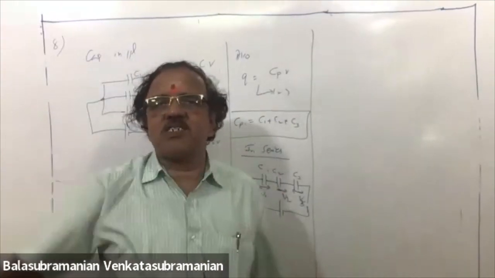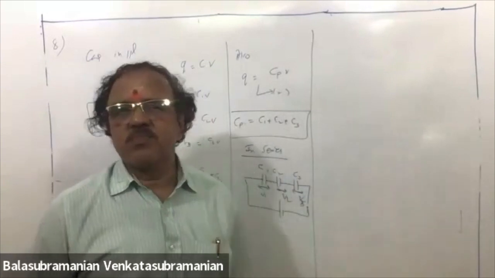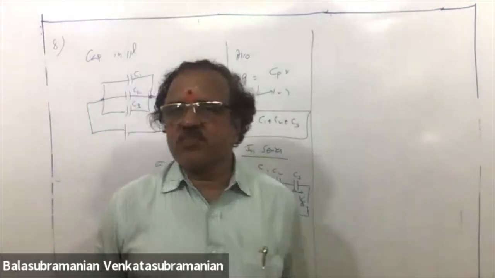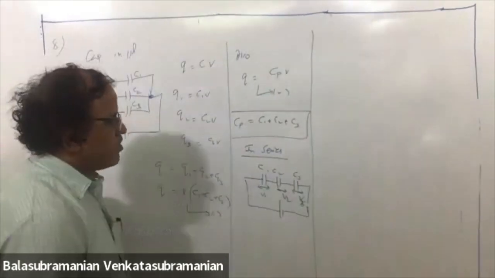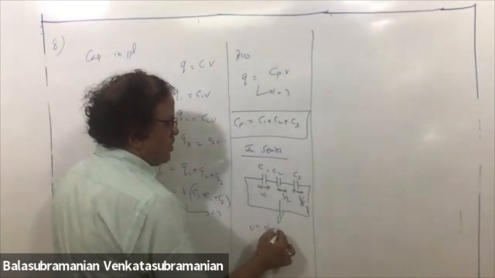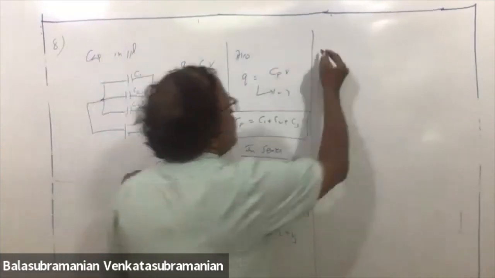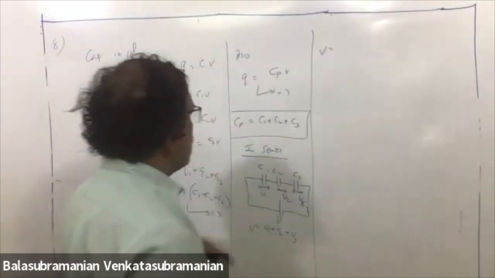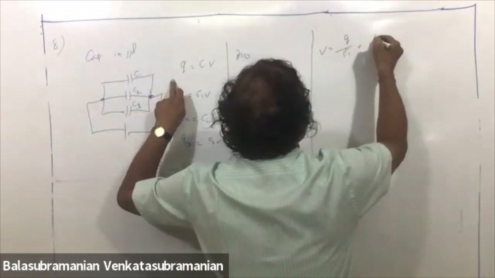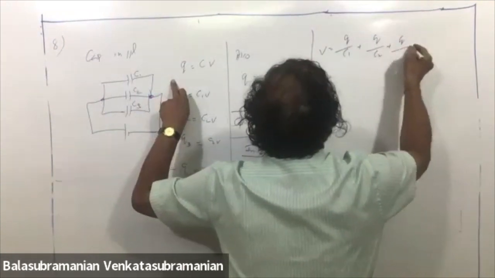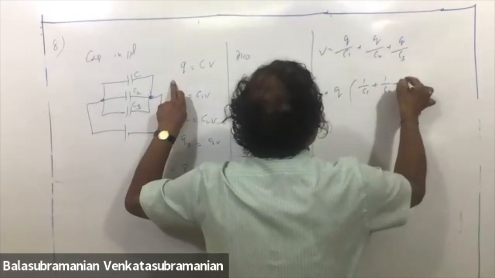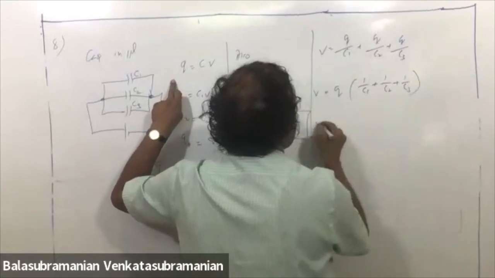In series connection, charge or current is same. In parallel connection, potential difference is same. Basic common. So V is equal to V1 plus V2 plus V3. V is equal to Q by C1 plus Q by C2 plus Q by C3, Q into 1 by C1 plus 1 by C2 plus 1 by C3.